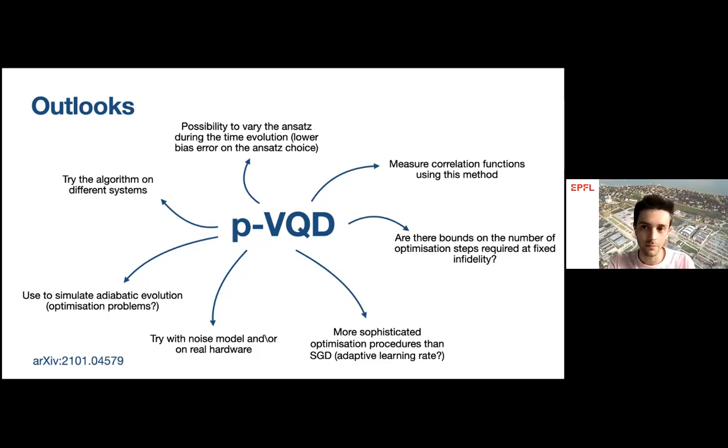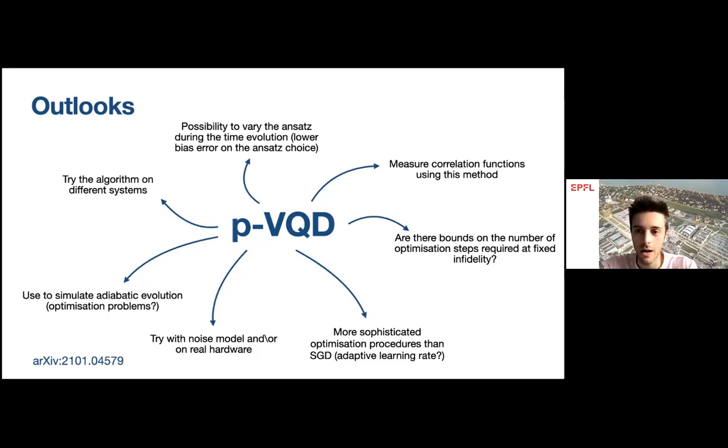I already introduced ADAM as an optimizer for PVQD, which is a really good optimizer for neural networks. But with a closer integration in Qiskit, we can use all the optimizers of Qiskit, which are a lot and can be very useful.